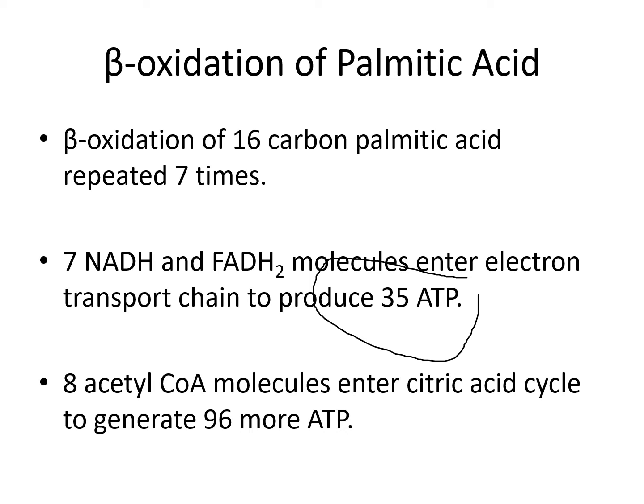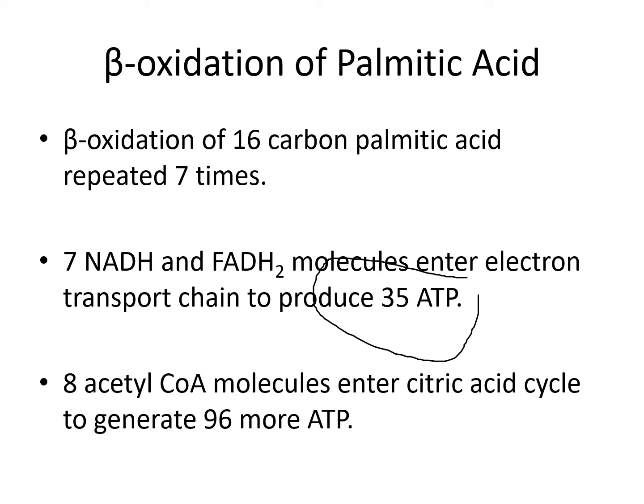Now, 8 acetyl-CoA molecules are produced. Remember, 7 through beta oxidation, and then there's 1 2-carbon molecule left that forms acetyl-CoA. So there'll be a total of 8 acetyl-CoA molecules that enter the citric acid cycle to generate 96 more ATP.